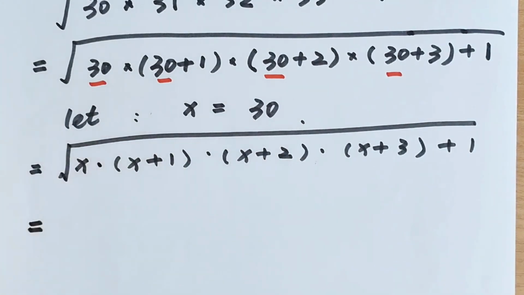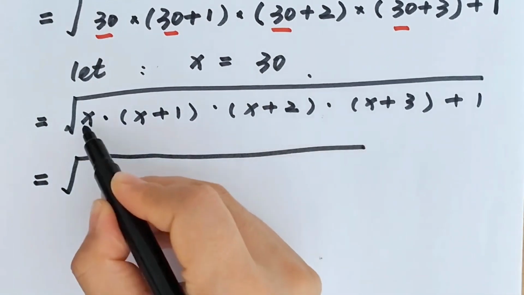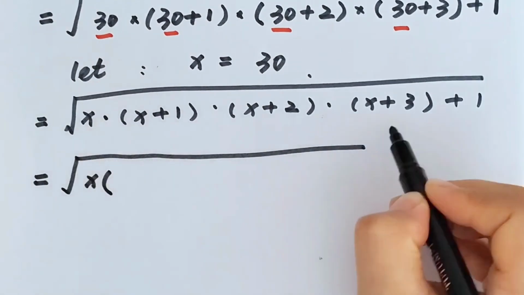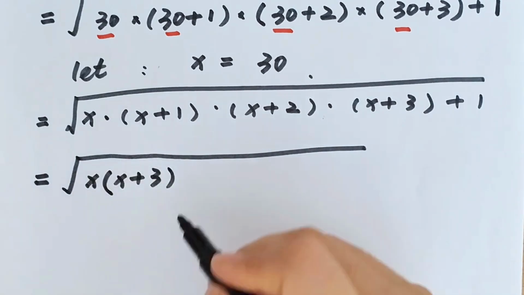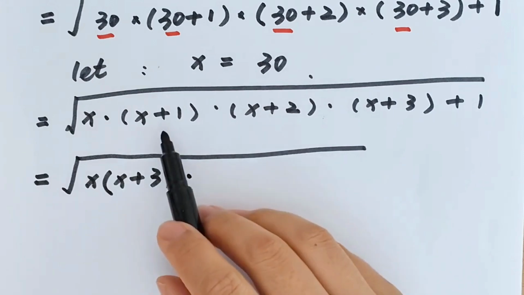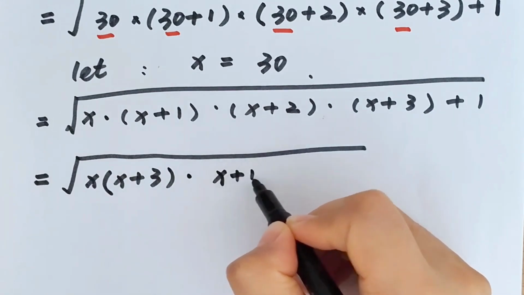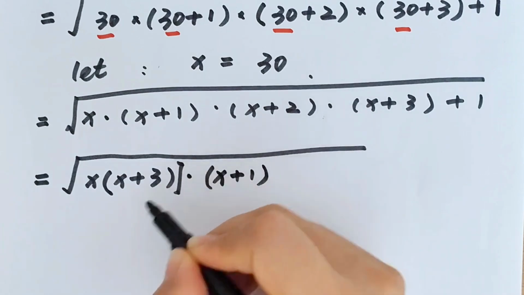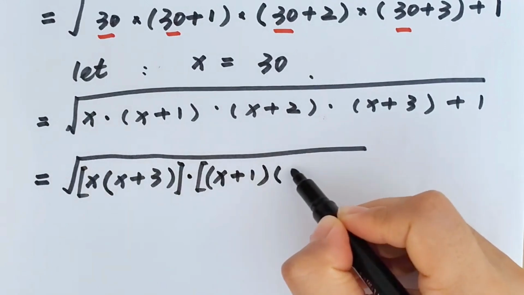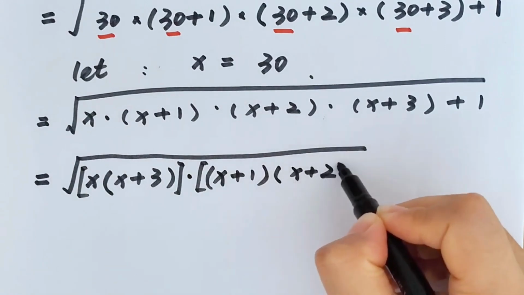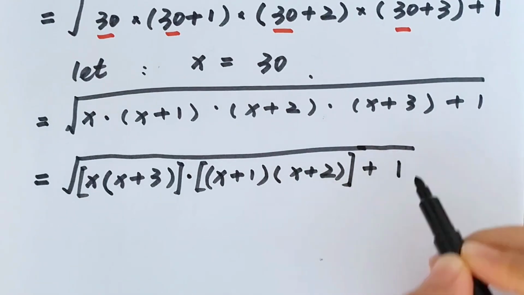Then it equals the square root of x times (x plus 3) times (x plus 1) times (x plus 2), plus 1.